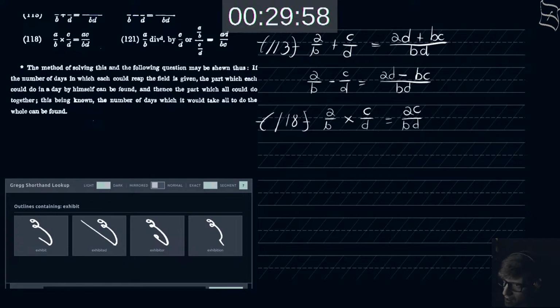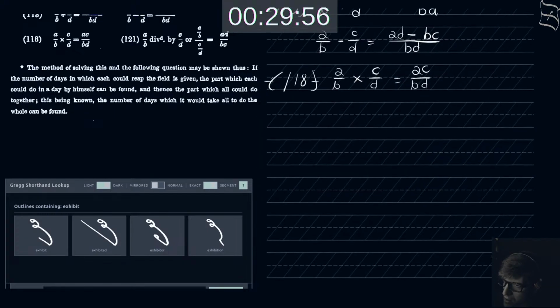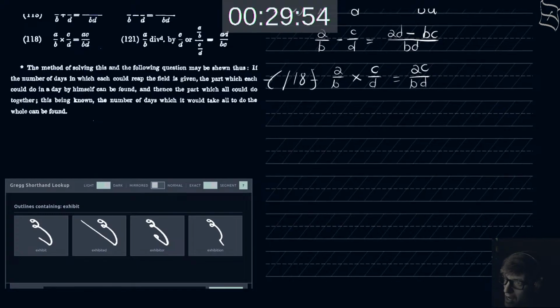All right, and then the final one is A over B divided by C over D, and then he shows the actual fraction. For us, we can use the fractional symbol, or we can use the colons as well.